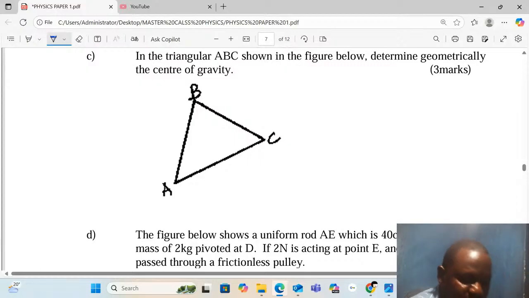So the moment I bisect, it becomes 2.8. So I'll bisect here.